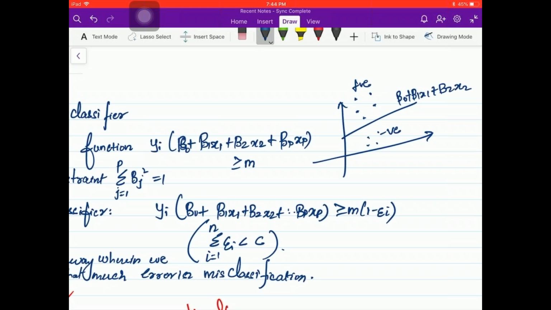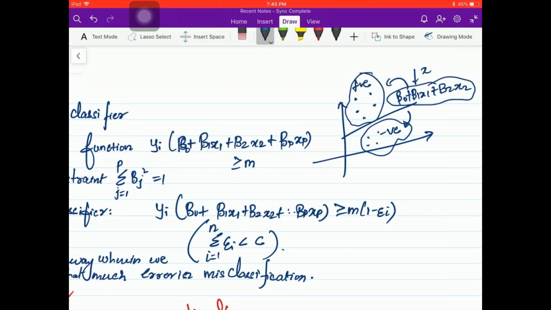Whenever a point comes, if it is less than 0, it falls here, and if it is greater than 0, it falls here. So these are the defined classes, and this is the equation that I'm forming.